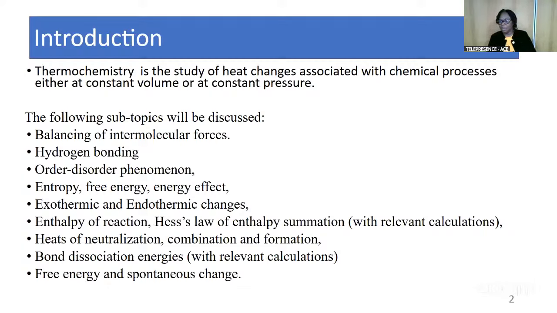I know you are familiar with many of these topics, but we will take them a bit deeper than what you knew at O level. Then we will talk about other disorder phenomena. We'll discuss entropy, free energy, and energy effects. Then we move on to thermodynamics, exothermic and endothermic changes. I know many of these terms are not new to you, but we delve deeper.